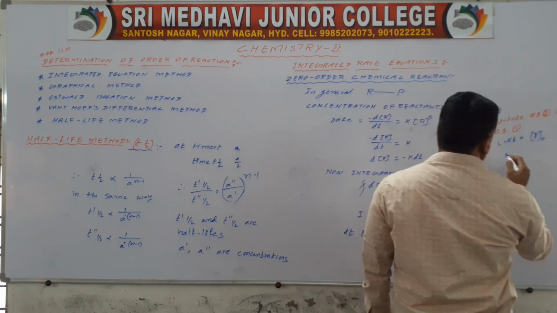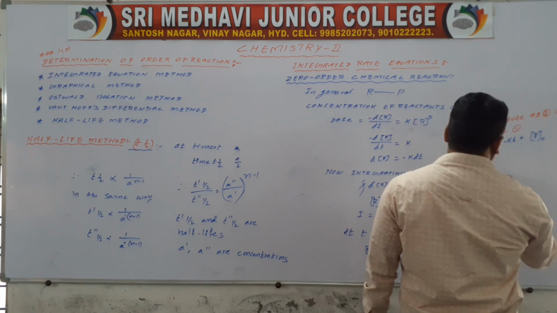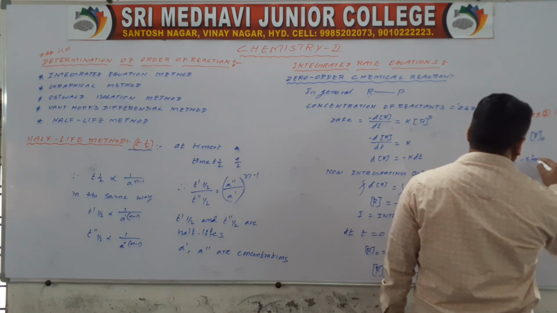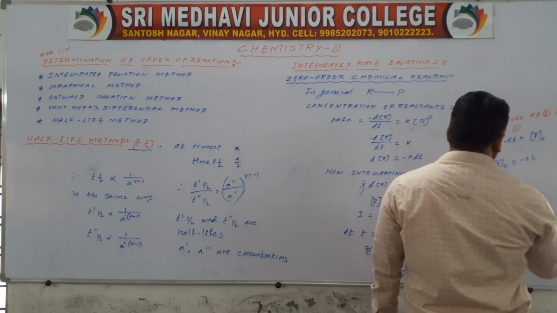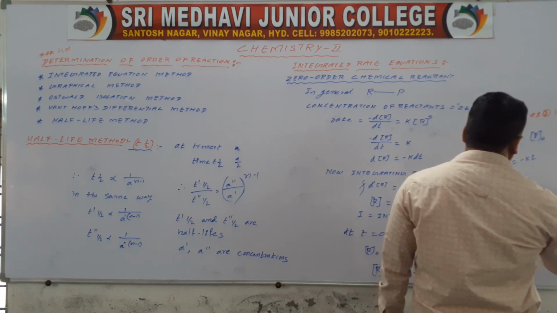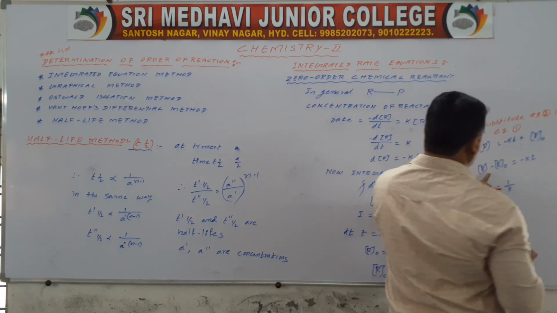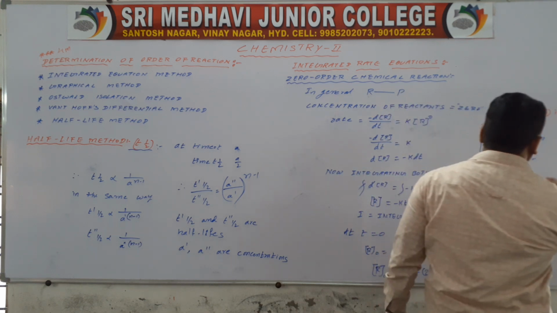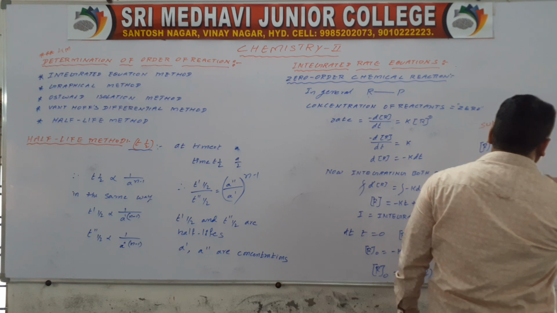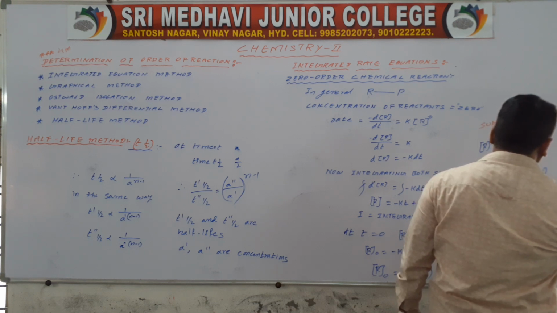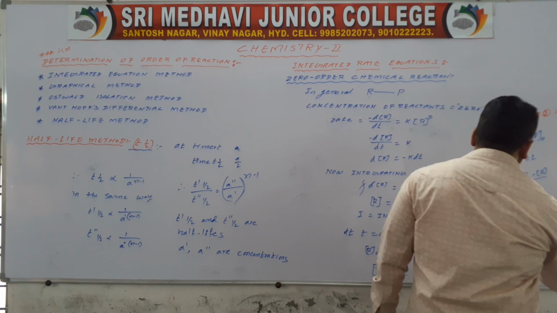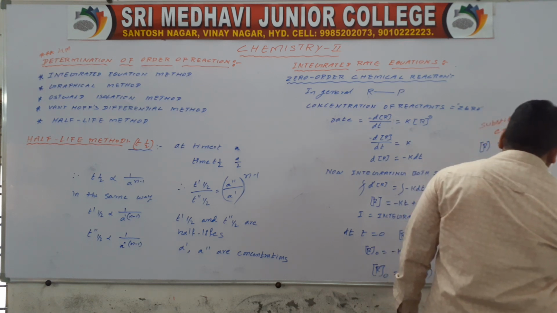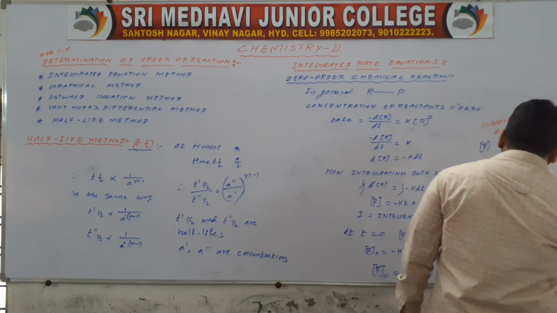Then I want k: [R] minus [R]0 equals minus kt, so k equals 1 by t into [R]0 minus [R]. So k equals [R]0 minus [R] by t.